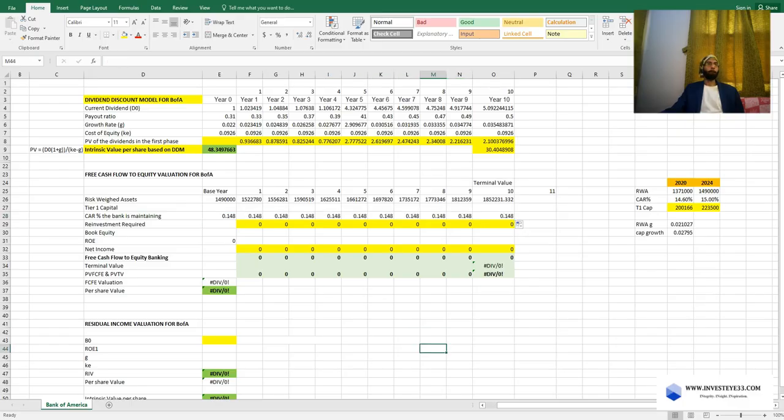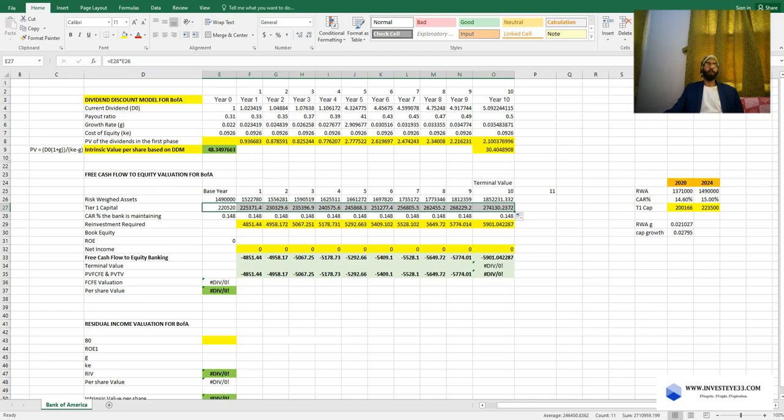And based on this number, I can calculate the respective tier 1 capital also, right? So this is equal to 0.148 multiplied by the risk-weighted assets. This is the tier 1 capital for base year, and let me extend it for all the years till year 10. And I have all these numbers.